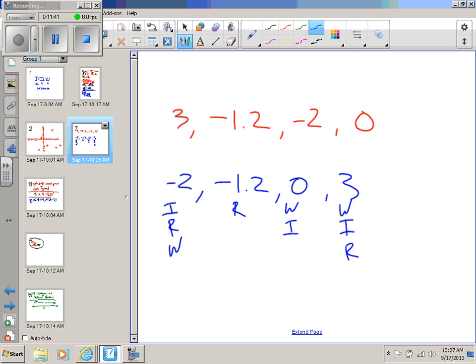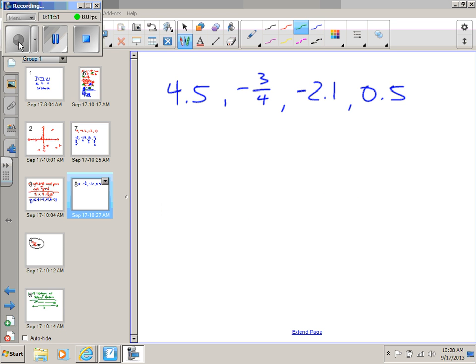Try number 5. Order it and see if you can identify the numbers a little bit. Least, negative 2.1, and then obviously the negative 3/4. How did you make that distinction between the negative 2.1 and the negative 3/4?